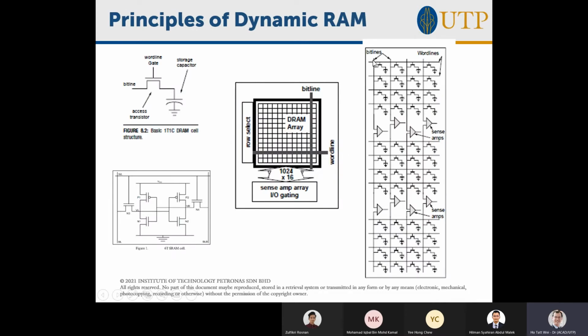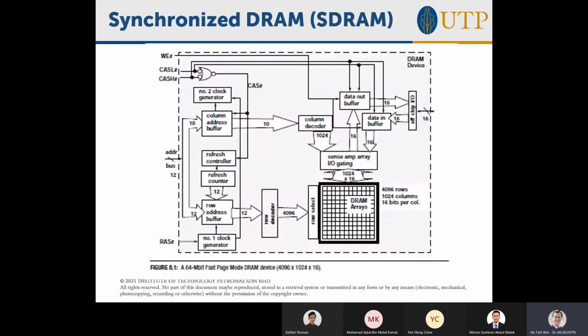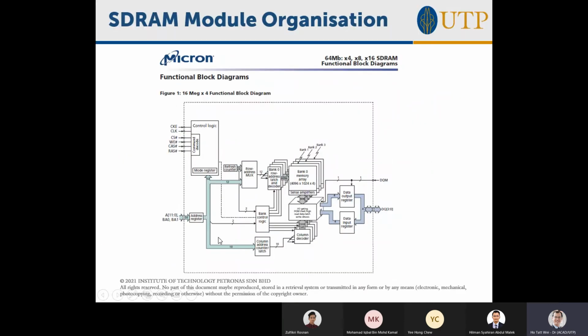Above that size, the capacitance of the bit line and word line becomes too big, because the bit line has to go through all the bits in this column, and the word line has to go through all the bits in this word. And as you saw in this Micron data sheet, there are 2 to the power of 10, that means there are 1024 columns.